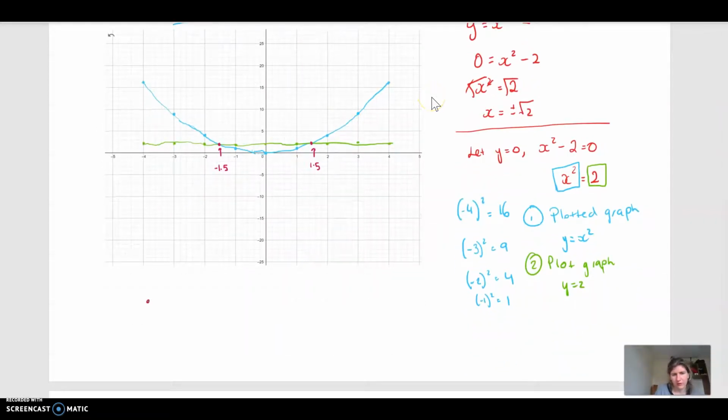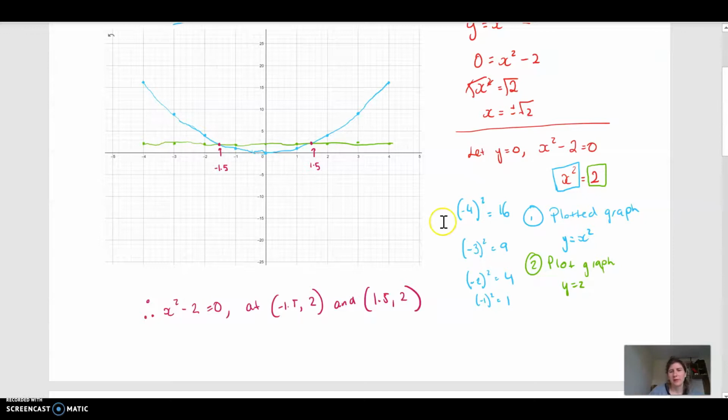So I'm just going to put a therefore sign and say x squared minus 2 is equal to 0 at negative 1.5, 2, because obviously it's on that y equals 2 line, and positive 1.5, 2. So there are my coordinates. That's my finished solved equation.